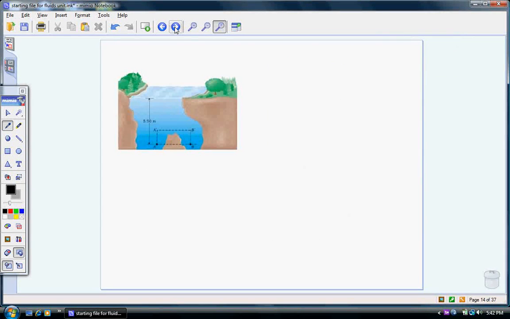Let's go back and look at this example again. Basically, let's call this point right here P1. And basically, at point 1, recall that we said that the pressure there was equal to 1 times 10 to the 5th pascals.